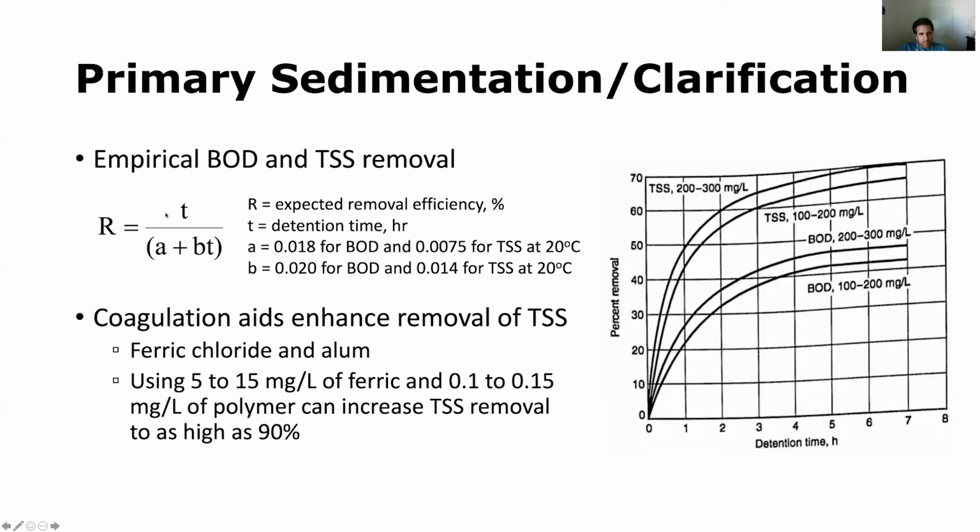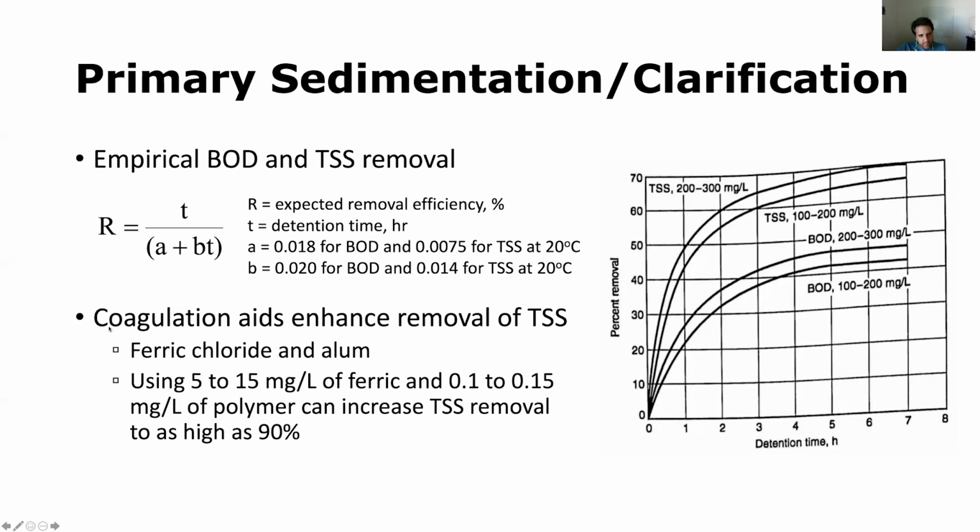So the amount of time that the wastewater stays in the system, on average, of course, is related to how much of the solids are removed. There is a point where the removal efficiency flattens out. So you really don't want detention times that are very much higher than 4, 5, 6 hours.